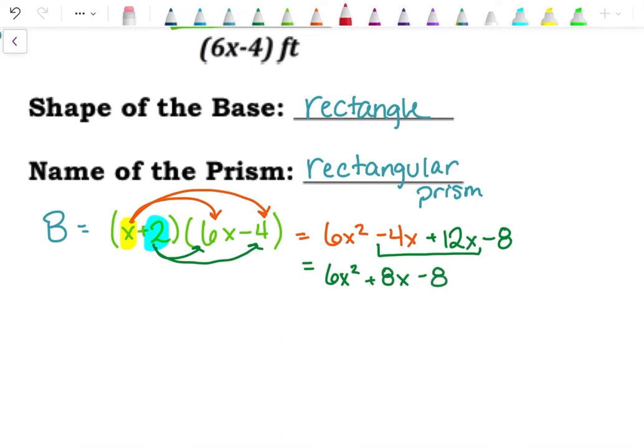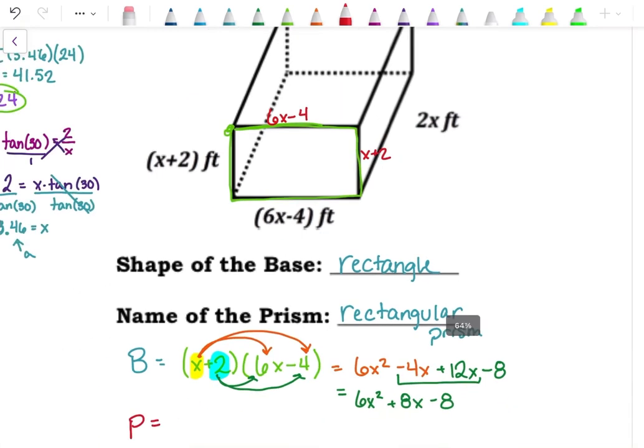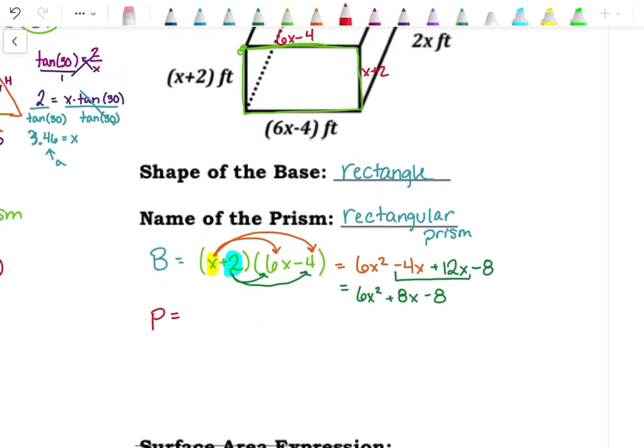Next thing I need is the perimeter of my base. Now to find the perimeter of my base, I need to add all my sides together. So I've got 6x minus 4, x plus 2. This top side is also going to be 6x minus 4. And this right side is also going to be x plus 2. So let's add all those together. So 6x minus 4 plus x plus 2 plus 6x minus 4 plus x plus 2.